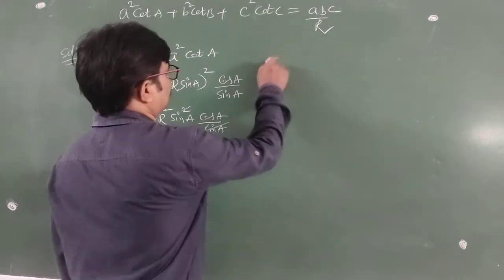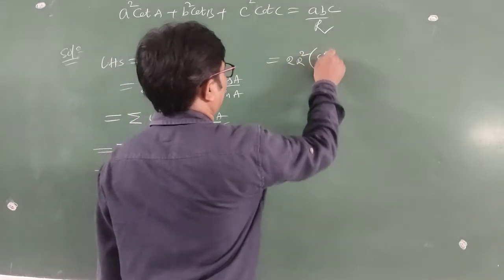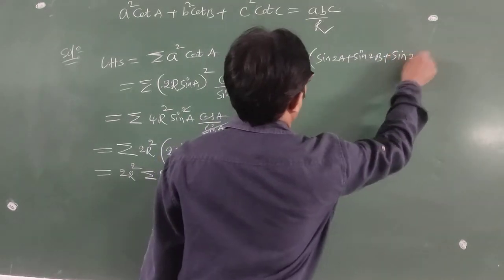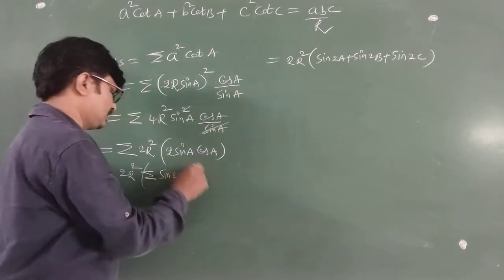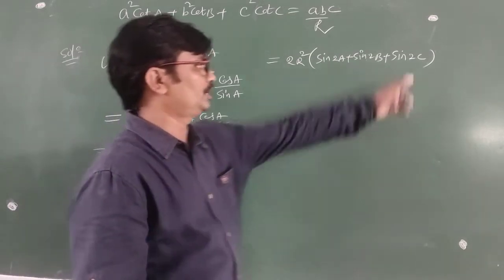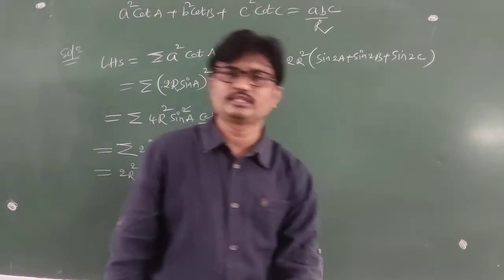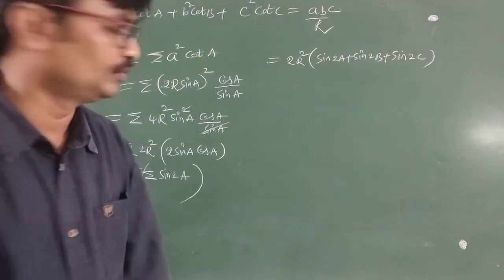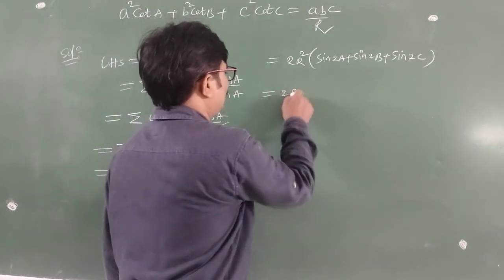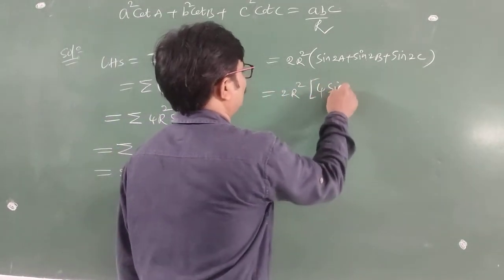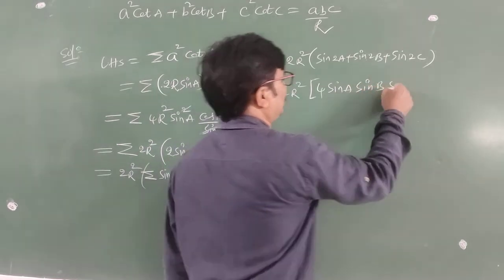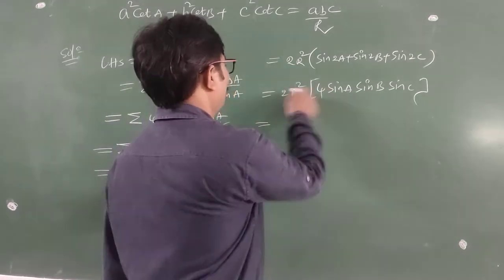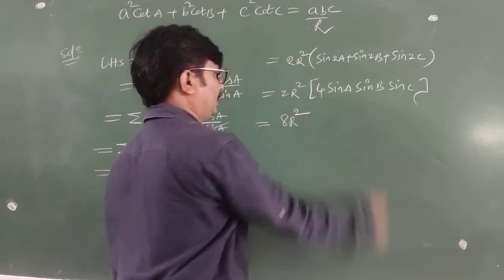Now students, we have to know that sin 2A plus sin 2B plus sin 2C, removing the sigma, is 4 sin A sin B sin C. Now we can write this as 2R square into 4 sin A sin B sin C, that is 8R square.